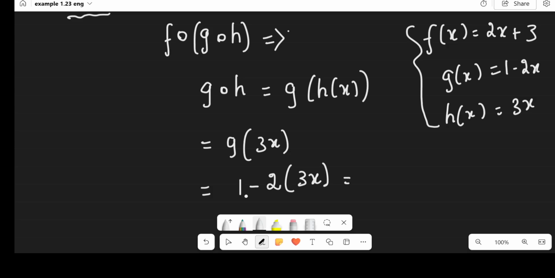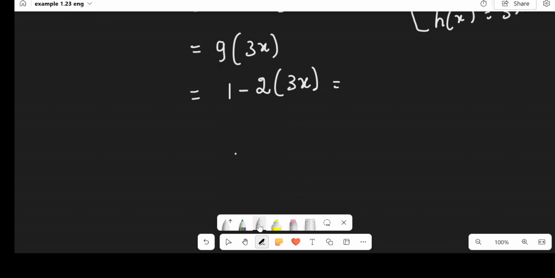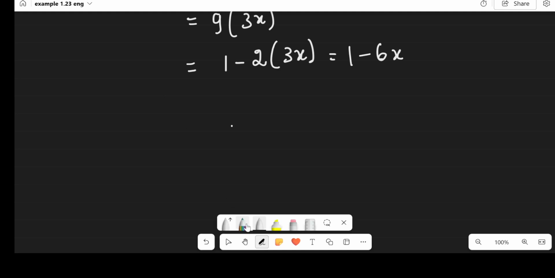How can we simplify this? 1 minus 2x, 1 minus 2 into 3. 2 into 3, 6, right? 6x. This is the answer of g of h. We have gotten g of h equals 1 minus 6x, right?